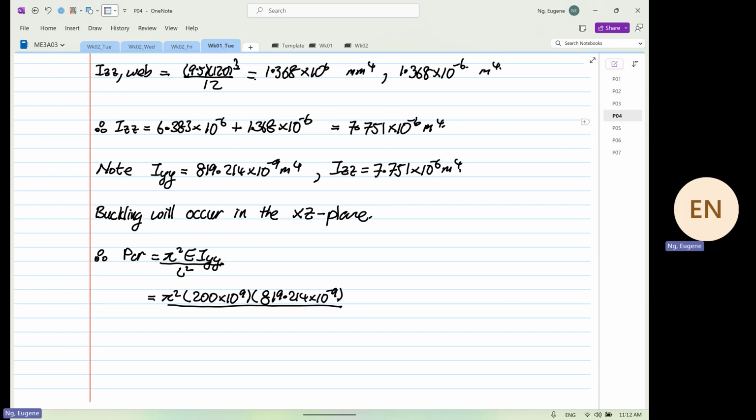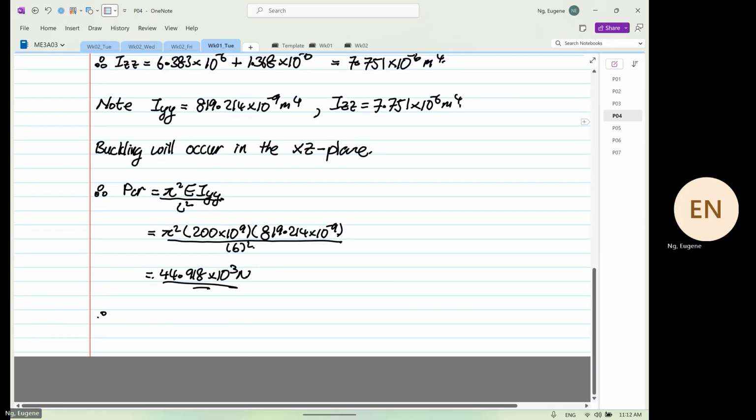So the length is 6 squared. So this is equal to 200 power 9 times 819.214 power minus 9 times pi squared divided by 36. It's equal to 44.918 times 10 to the power 3 Newton. Okay, so that's your critical.